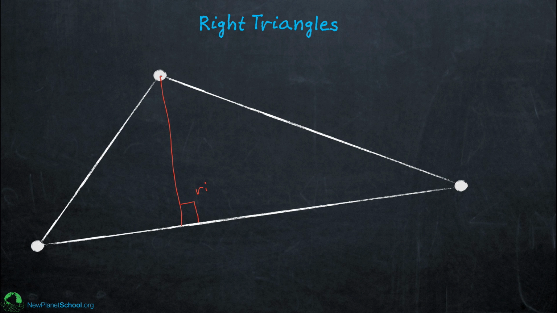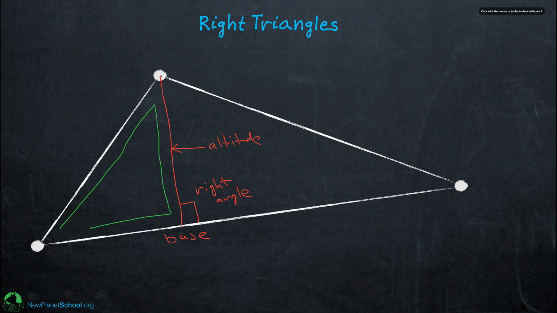This is called a right angle because it's 90 degrees, and this line that comes down is called the altitude, and it hits the bottom right here, which is called the base. And what that does is it breaks the triangle up into two right triangles. So here's a right triangle, and here's a right triangle, and you can always do this.